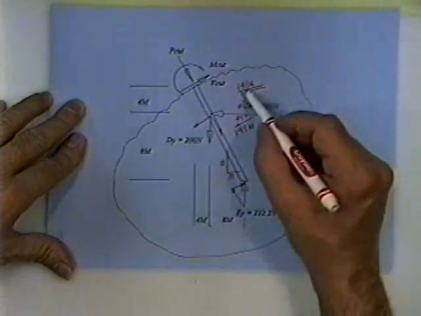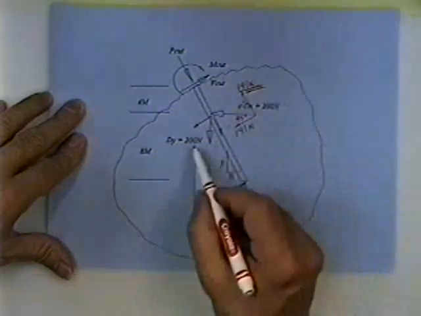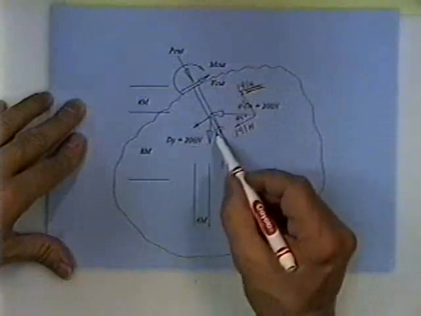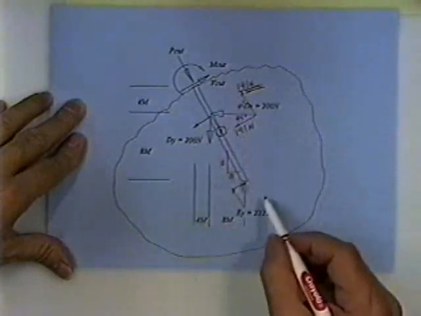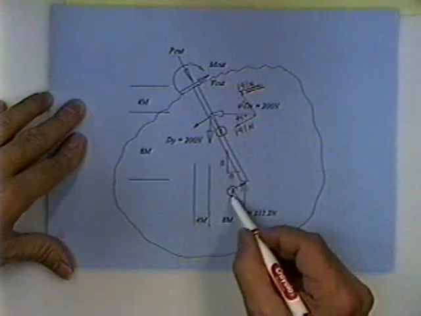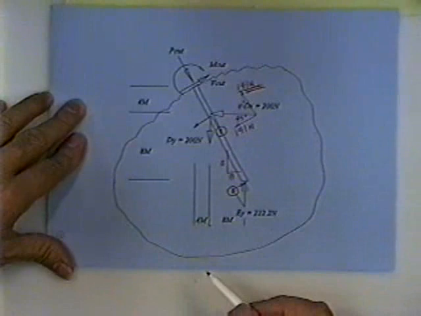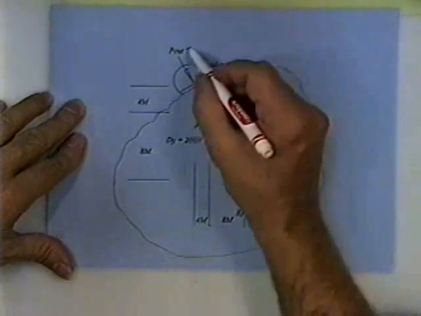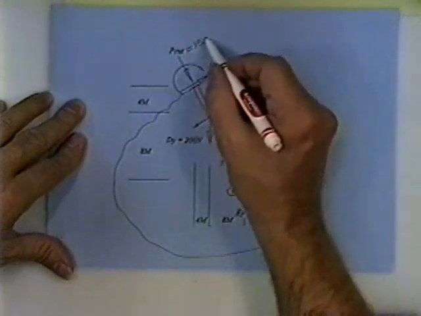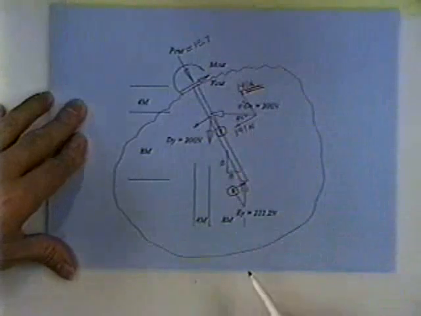P cut would equal the 141 component, subtract Dx's component, add Ey's component, and that'll give you P cut. Turns out it's 15.7. Okay. Take a chance on that. It certainly could be.